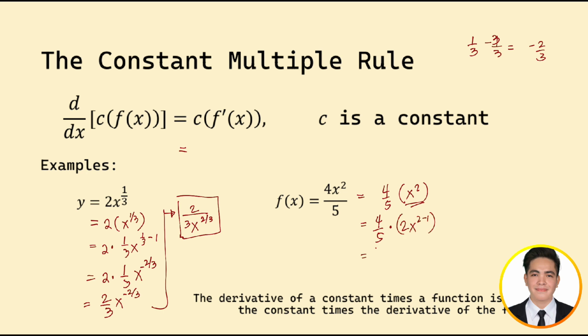So, we have 4/5 times 2x. So, 2 minus 1 is 1. So, we don't write 1 here. So, we will get 2 times 4 is 8x over 5. So, this is the answer. Correct. So, let's move on to the next slide.